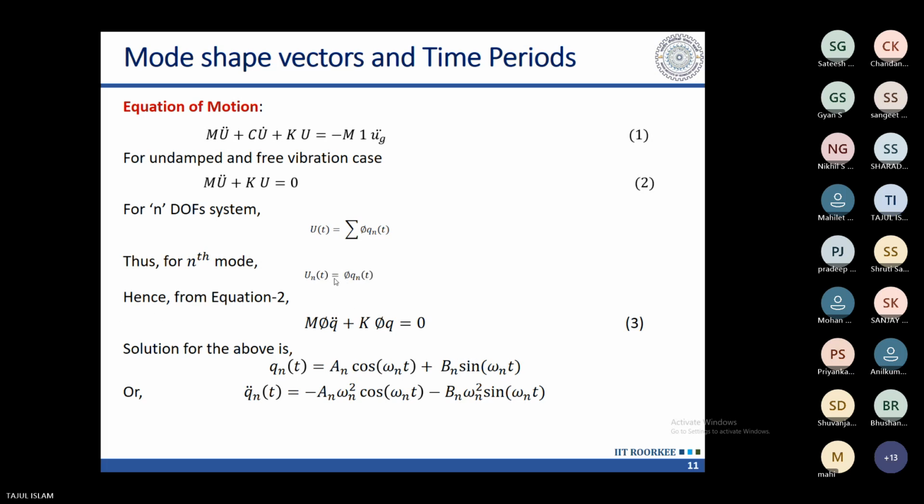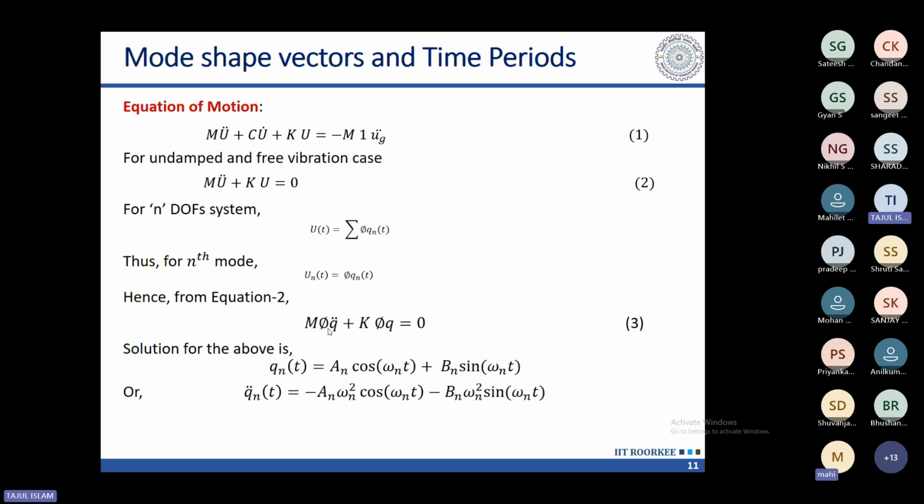Substituting this in my expression, I get something similar to this one. M, instead of u double dot, I am just double differentiating this deformation quantity. If you differentiate this 2 times, you'll get the acceleration. Phi is a constant parameter, so it will not have any effect when you are differentiating.